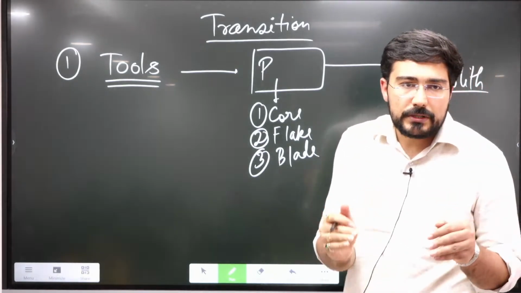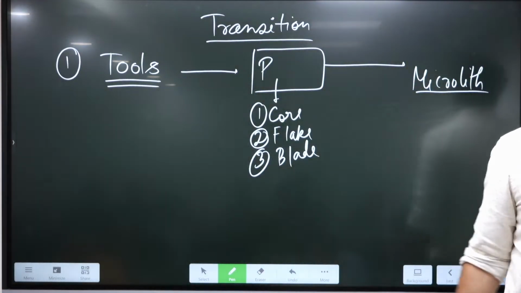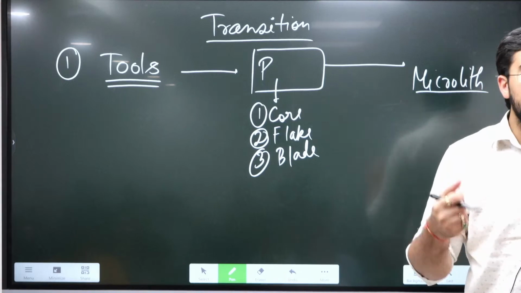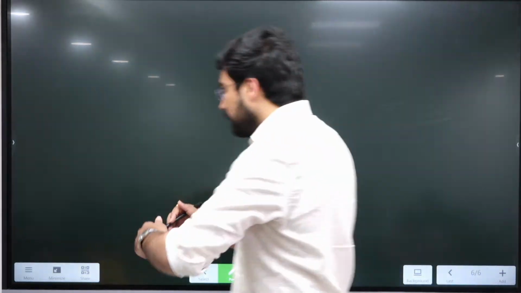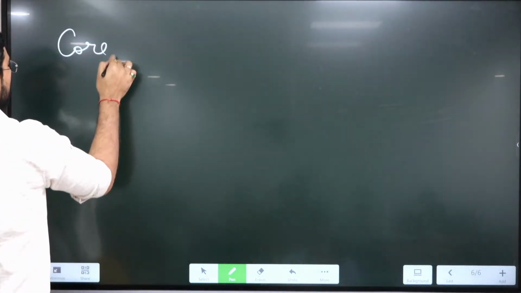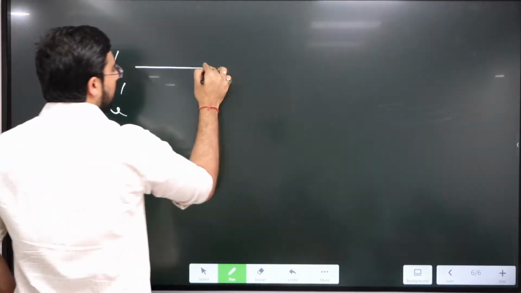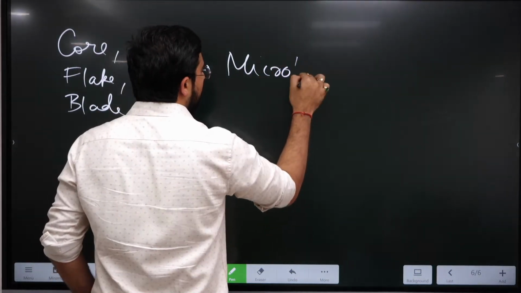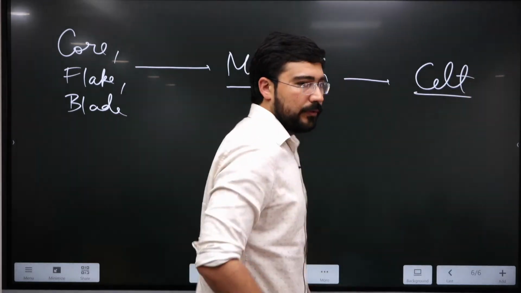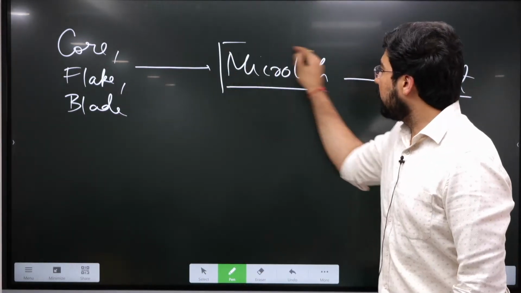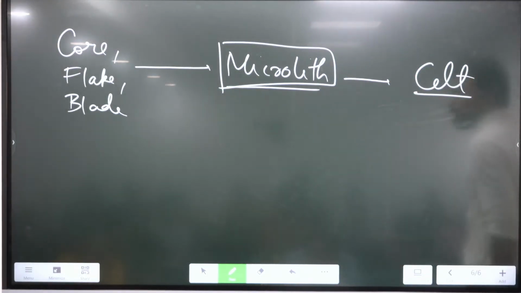With respect to tools, we see it was towards microlith, and towards the Neolithic will further shift towards celt. Okay, tools with handles which were polished in nature. So if we just see only transition, here we have core, flake and blade, then microlith, Mesolithic, then shift towards celt tools. This is where we have to focus. Okay, this is the transition. We are just talking about transition, then we'll go into the rest of this.